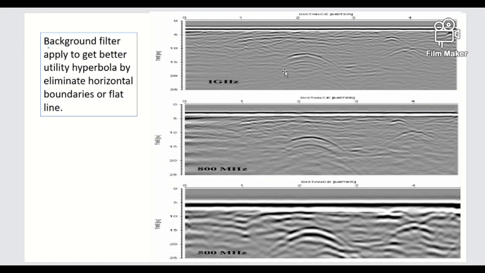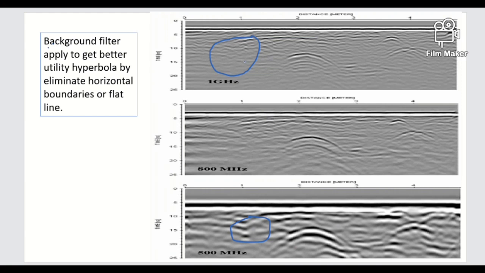If there is less contrast or more contrast, we can eliminate it.